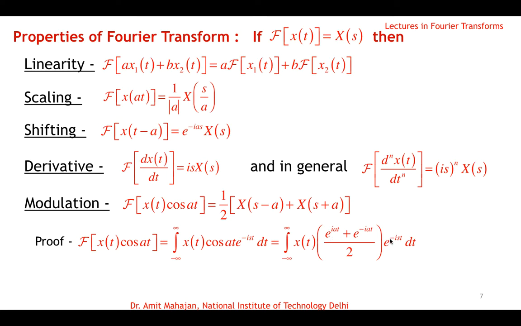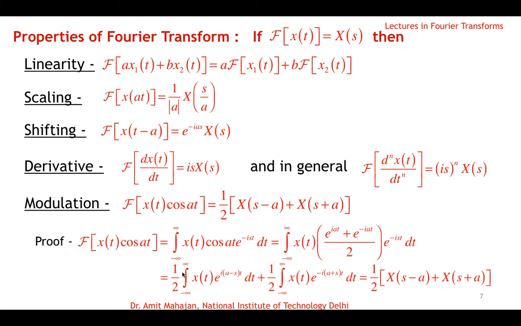We can multiply these exponentials and combine them, and rewrite this integral as a sum of two integrals, by linearity. The first integral has the exponential combined as e raised to power minus iota (s minus a) t, and in the second integral the exponential is combined as e raised to power minus iota (s plus a) t.